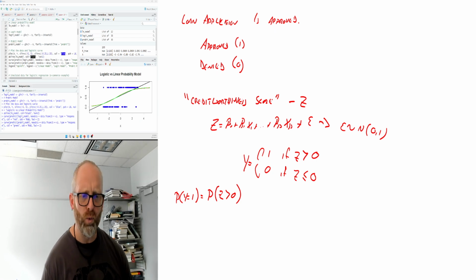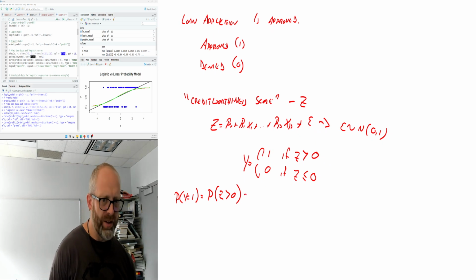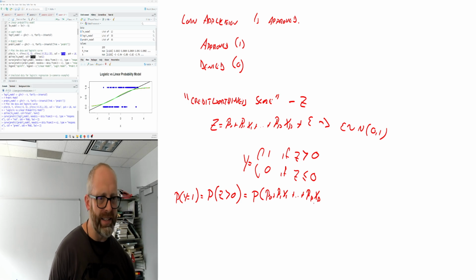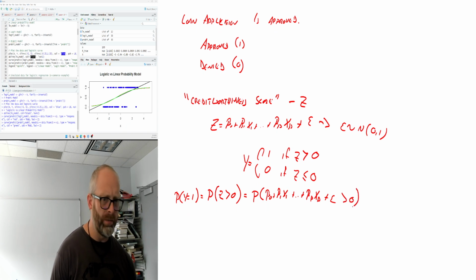When do we get a 1? Well, when z is greater than 0. So this is the probability that z, which I can rewrite as beta naught plus beta 1 x1 all the way up to beta p xp plus epsilon, is greater than 0.